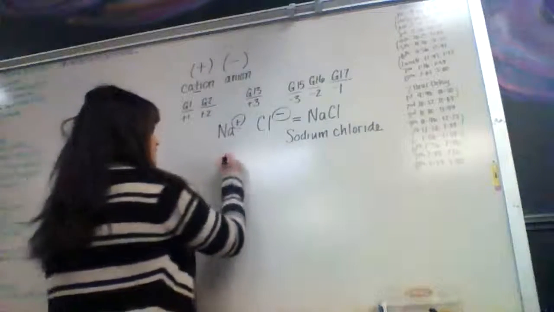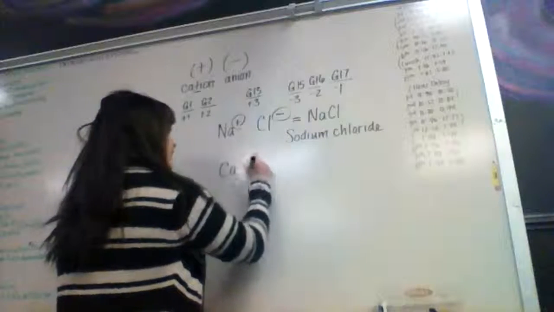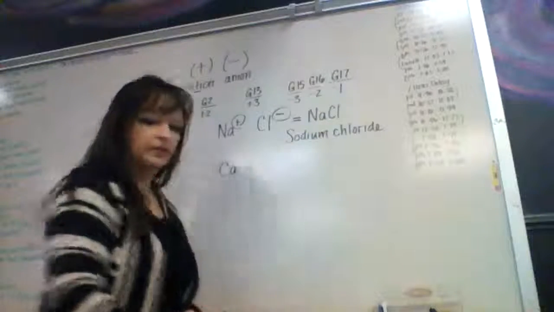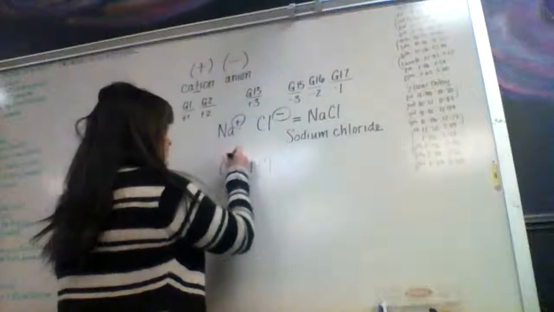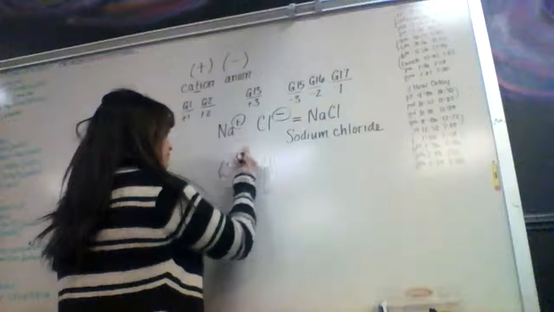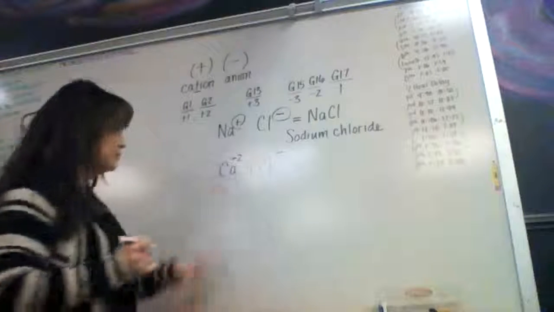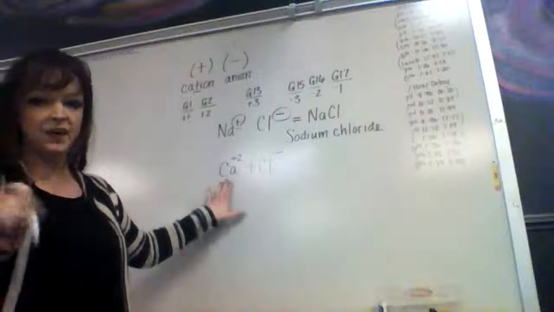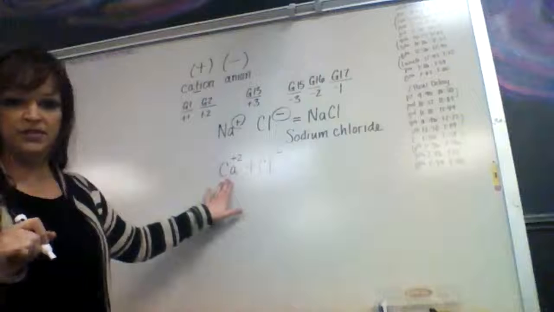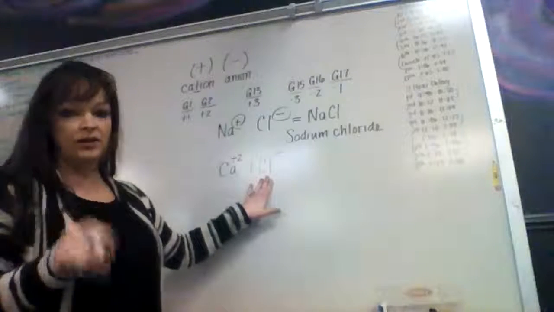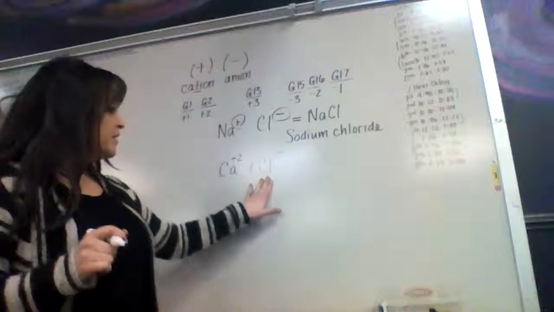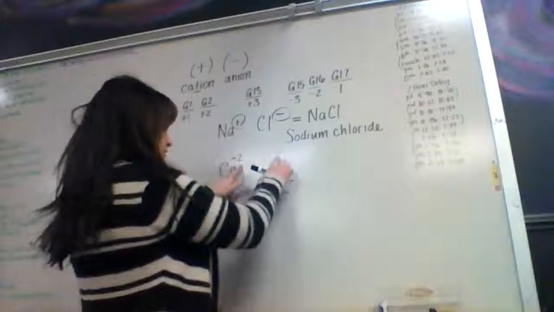All right, so let's look at calcium and chlorine bonding. Calcium has a positive 2 charge. Chlorine still has a negative 1 charge. Calcium is in the second column. All of those elements have a positive 2 charge. Chlorine is in group 17. All of those have a negative 1 charge. So now we're still looking at the charges.